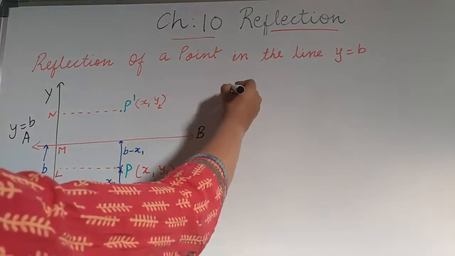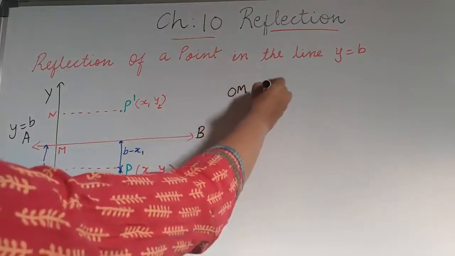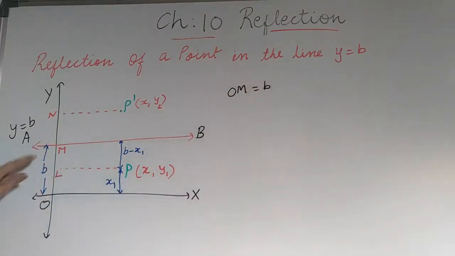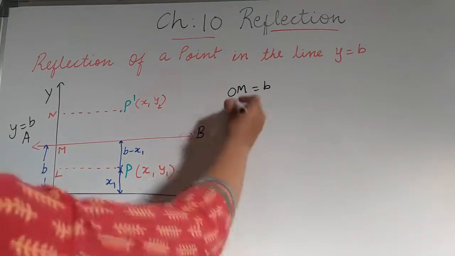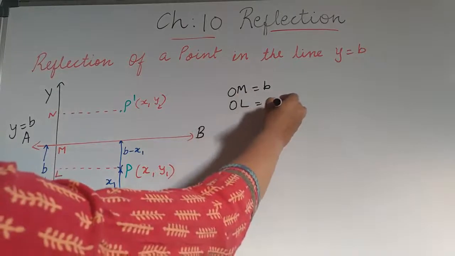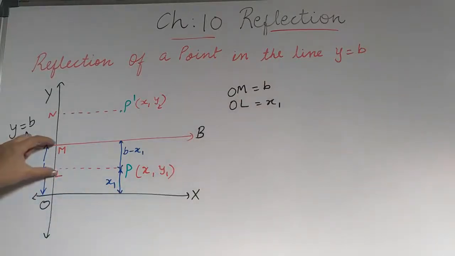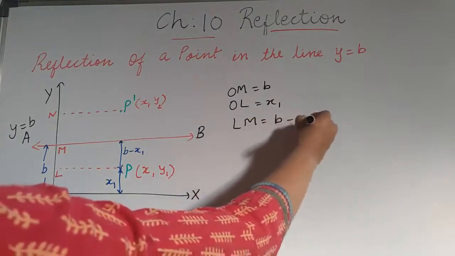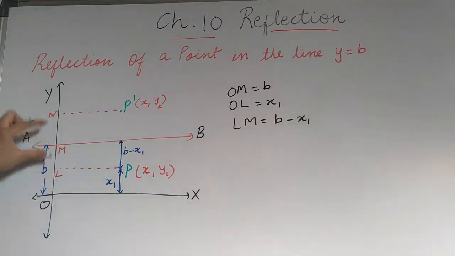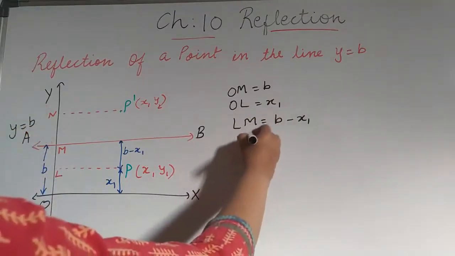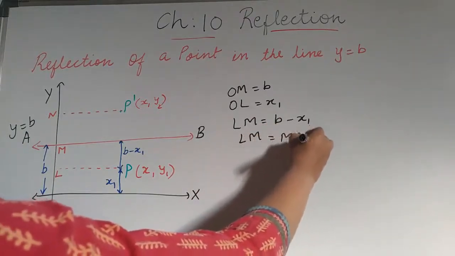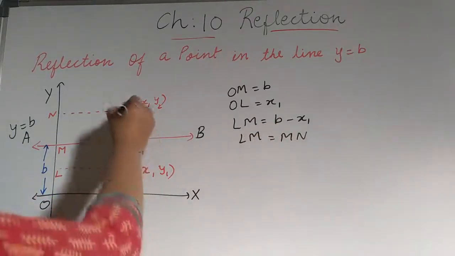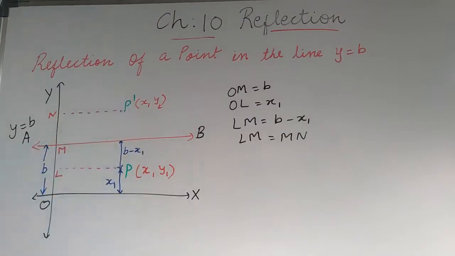OM distance is B. Then OL distance means this much. OL is equal to x1, and LM is equal to B minus x1. Also LM and MN are the same. LM is equal to MN. So this distance is also B minus x1.